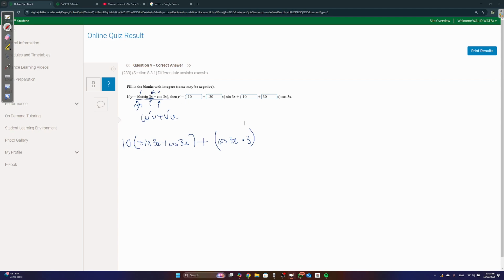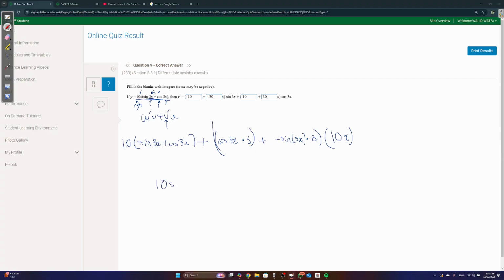But don't forget, V is this whole thing. So plus v prime, which is the derivative of sine 3x plus the derivative of cosine 3x. What's the derivative of cosine? Negative sine 3x, times u prime. What's u prime here? 3. So this is all v prime, the derivative of this here, times u, which is 10x. Okay, let's clean all of this up.